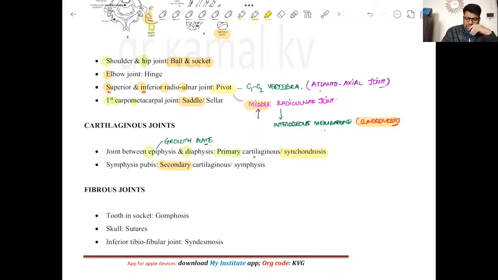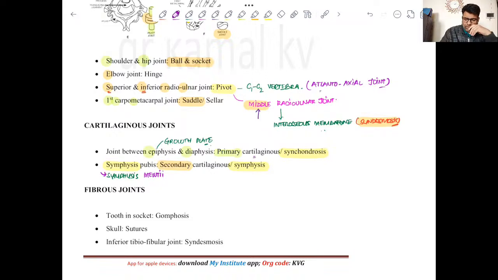The secondary cartilaginous is also known as symphysis, and again you need to remember the word symphysis in examples. So one is pubis symphysis, another is symphysis menti. Clear? So you can remember with the word symphysis.